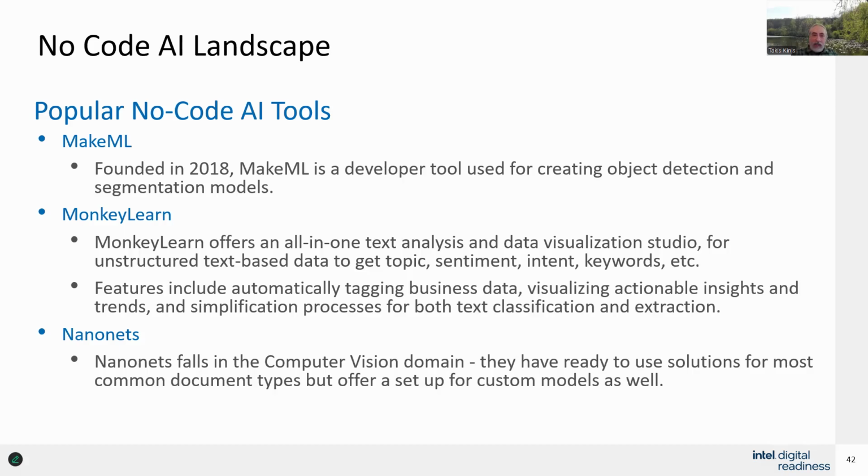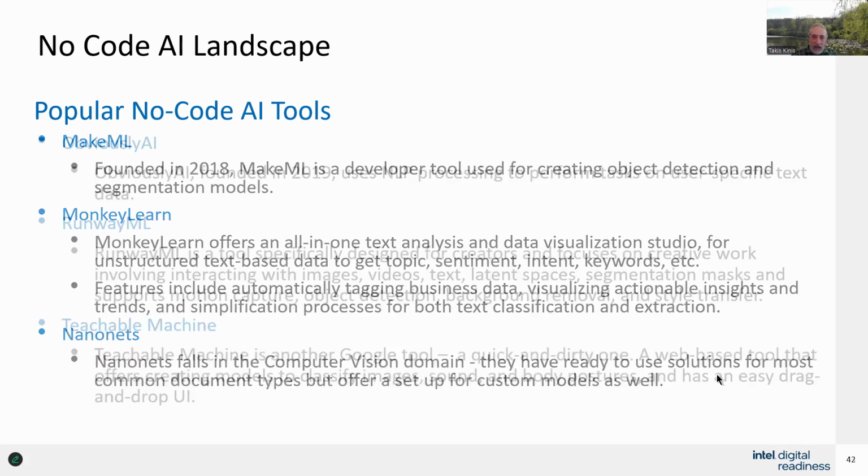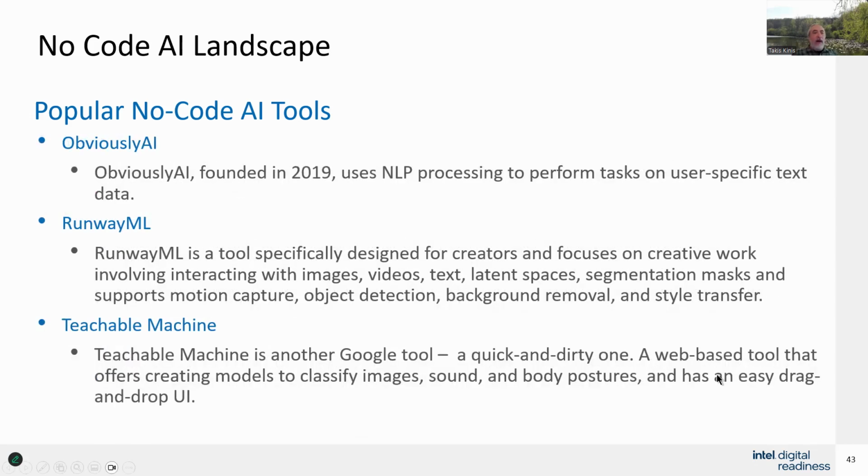That one is for object detection and segmentation. There's a monkey learn, text analysis, data visualization, unstructured text, etc. And then we have NanoNets down there at the bottom, which is a computer vision tool. That one I've actually seen demonstrated, by the way.